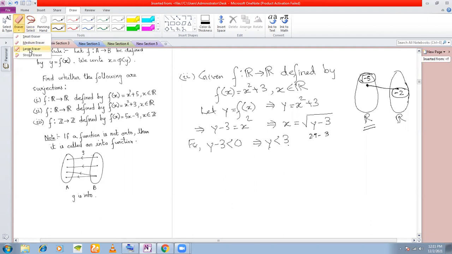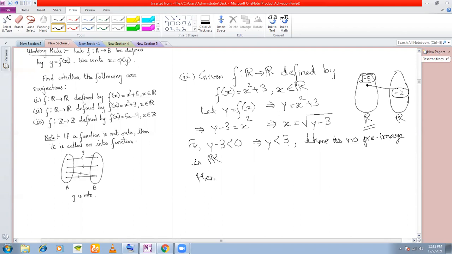It is a complex number, right? So similarly, for every real number which is less than 3, you can check that it does not have a pre-image. So for y minus 3 less than 0, that is y less than 3, there is no pre-image in R.